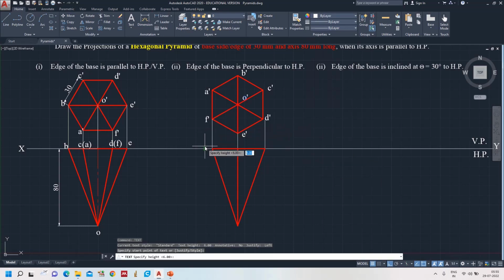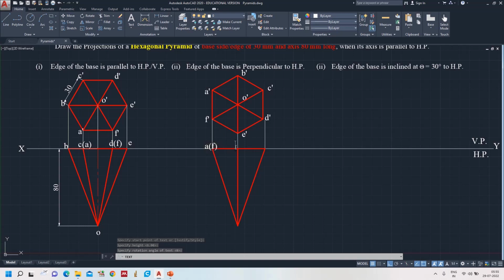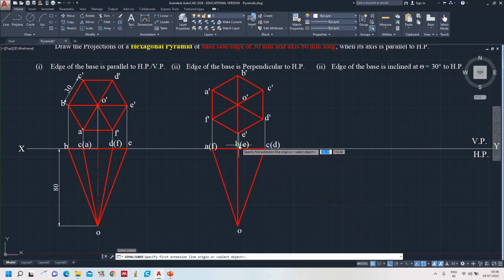Text: A of F, B of E, C of D, and this is the apex point O. AO, BO, CO are clearly visible. FO, EO, DO are invisible, but I am not representing with the dashed line because of overlapping. Perfect. Now the second case also finished.